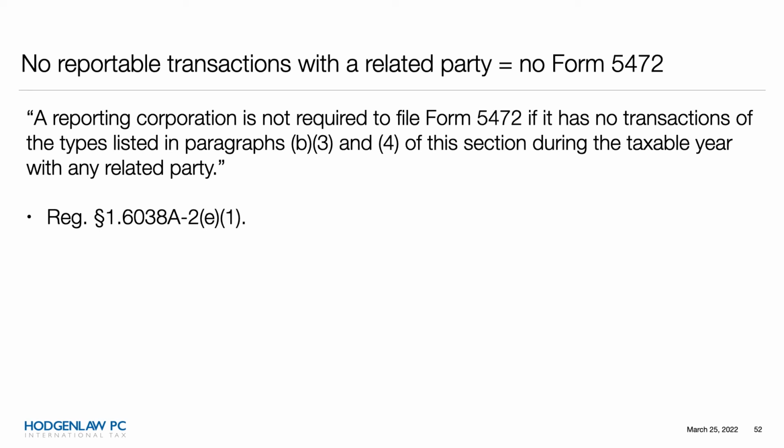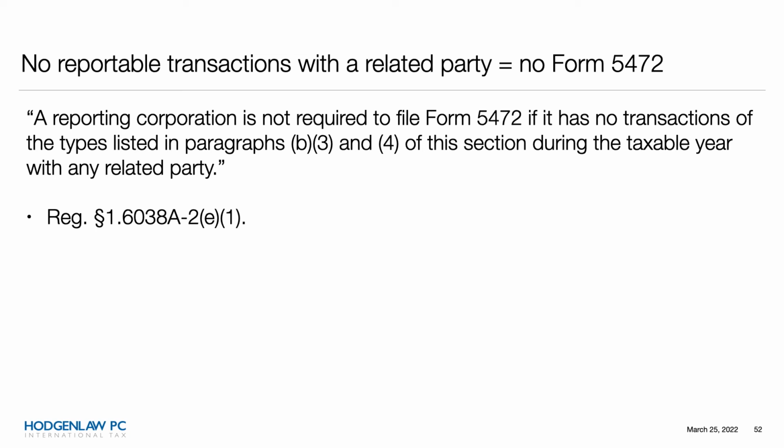But compare that to the disregarded entity situation. So we have a 100% owned domestic disregarded entity with a foreign member. The foreign member drops $10,000 into the disregarded entity's checking account as a capital contribution.